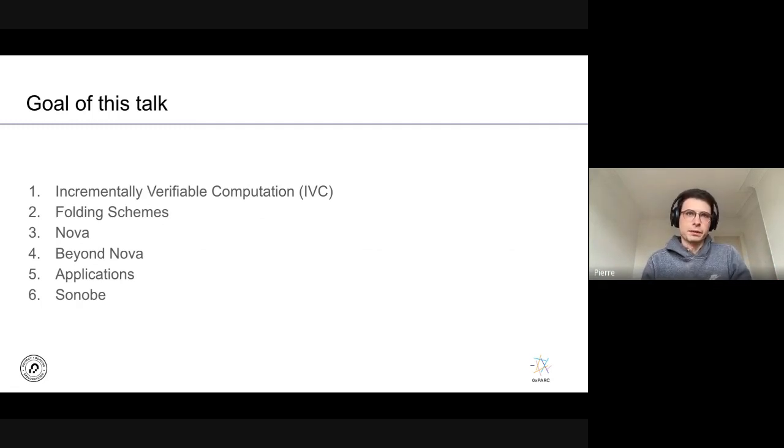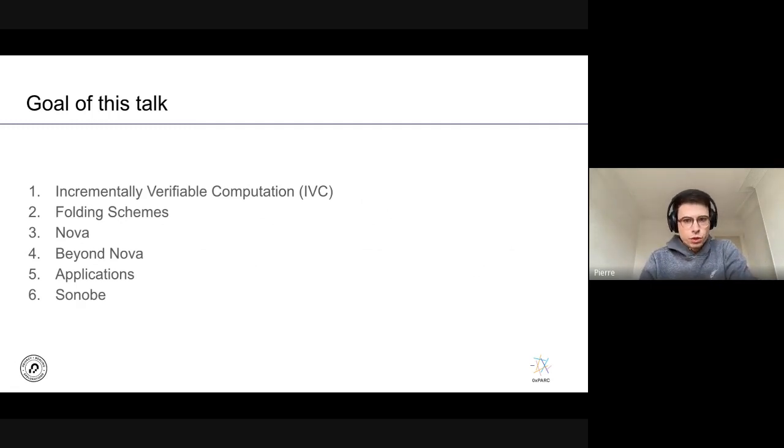Folding will then make it possible for the prover to prove that very efficiently with respect to the verifier, in terms of communication costs and also computation costs, because it will be done with a single witness.